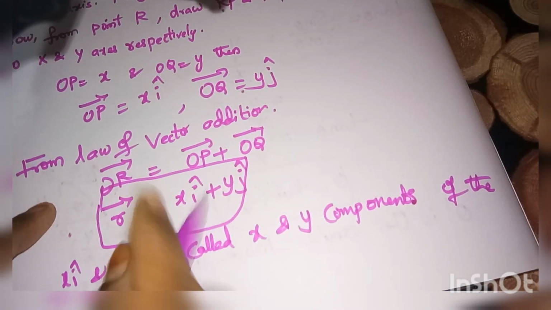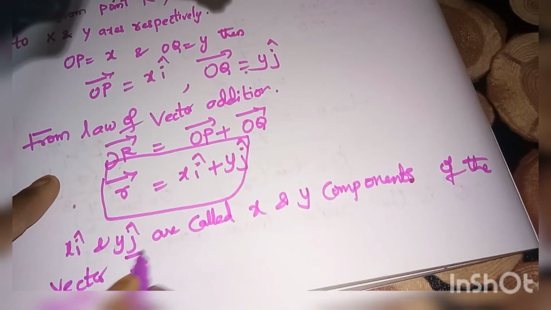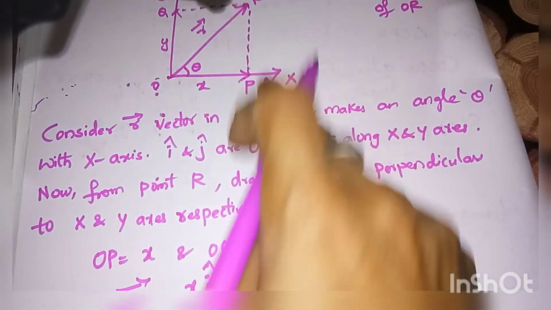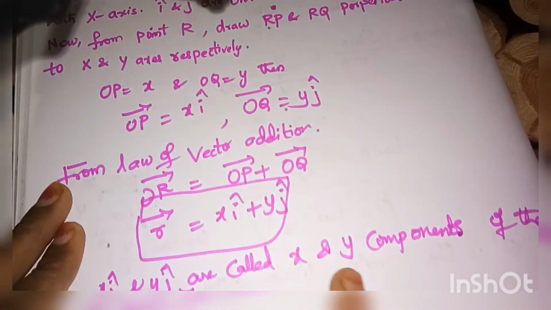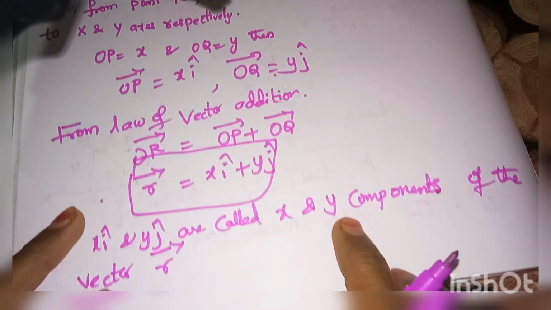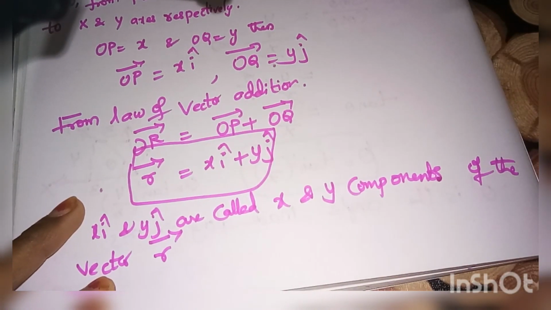Which vector? R bar vector. So by drawing perpendiculars we got the x and y components. x i cap and y j cap are the x and y components of vector R bar.